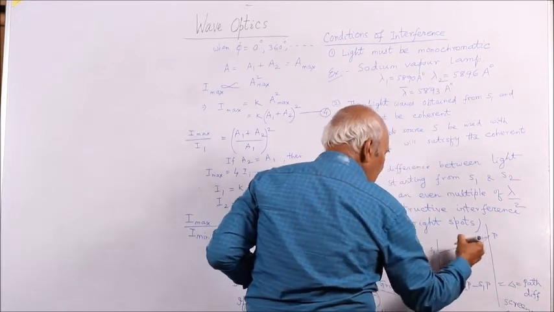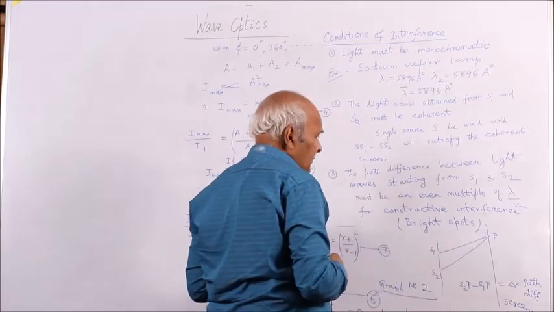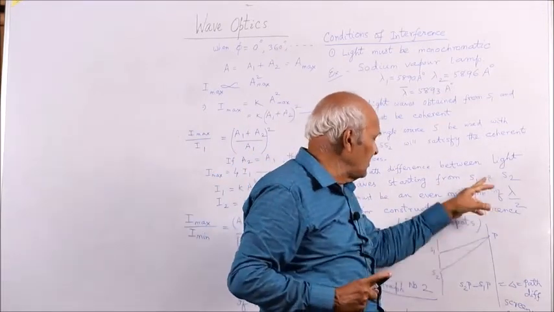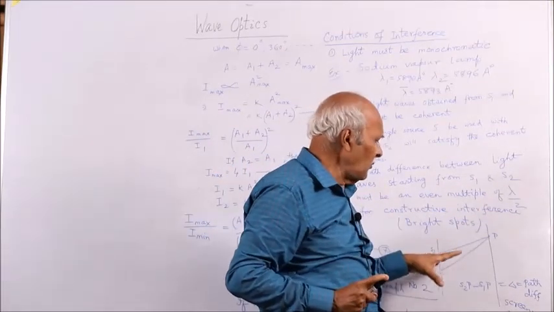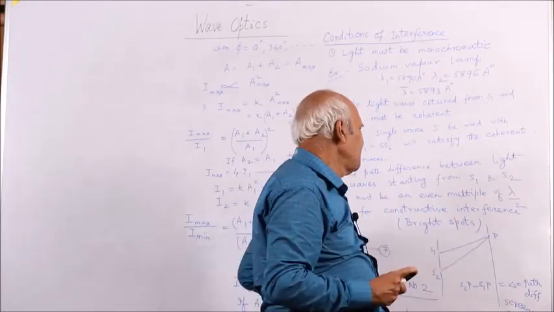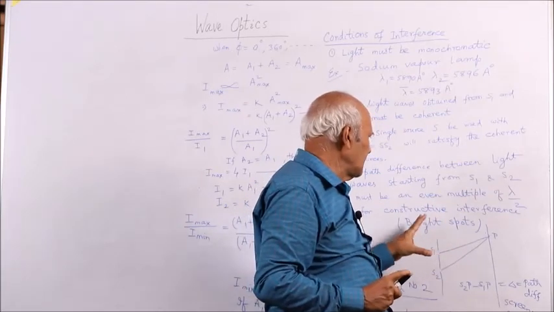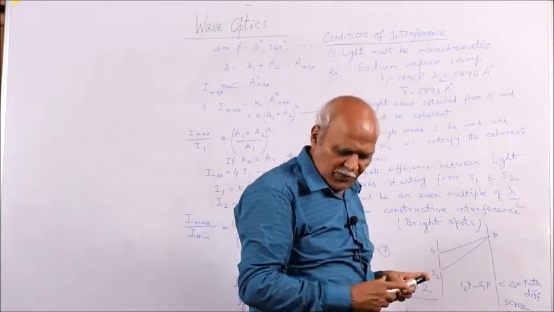So, depending on the position of the point P on the screen, the path difference must be an even multiple of lambda by 2, that has to be satisfied. And for dark spots, the path difference will be an odd multiple.